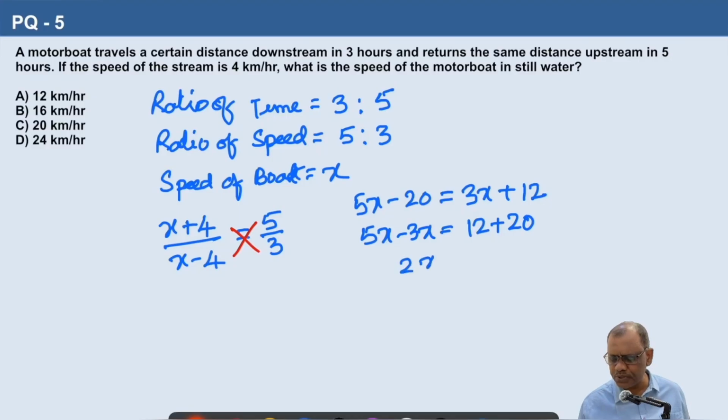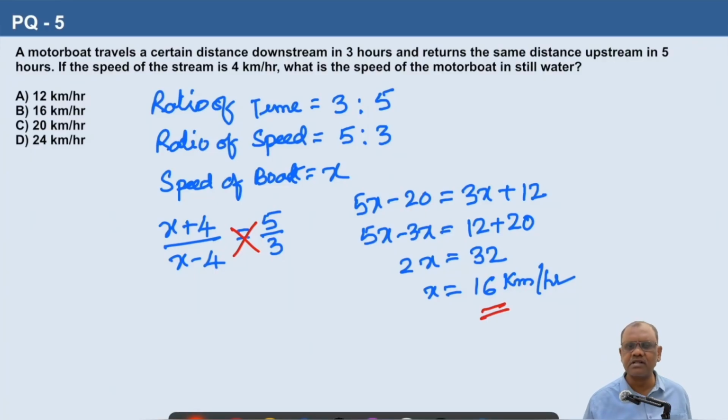So 2x is equal to 32. x is equal to 32 by 2, that is 16. So 16 kilometers per hour is the speed of the boat in still water. This is the answer, 16 kilometers per hour. This is the short way of solving this question. Option B is the correct answer.